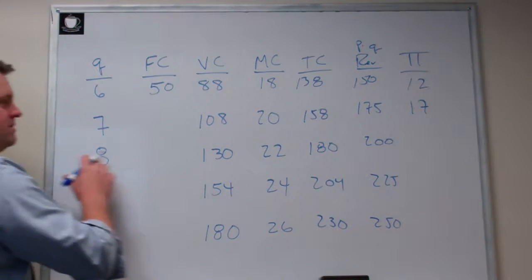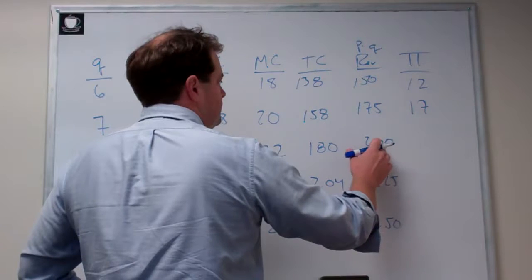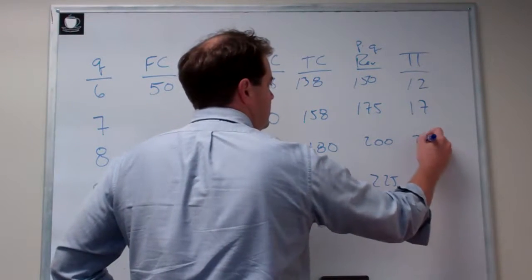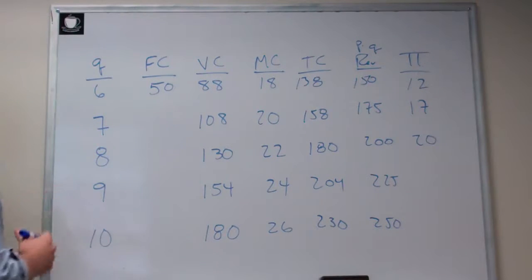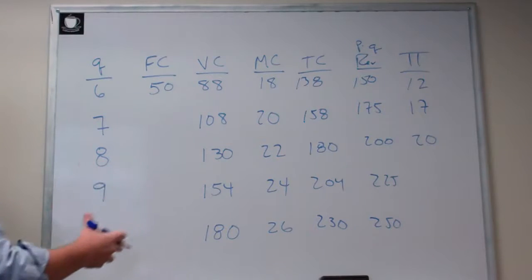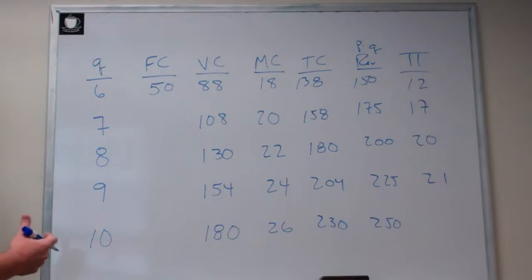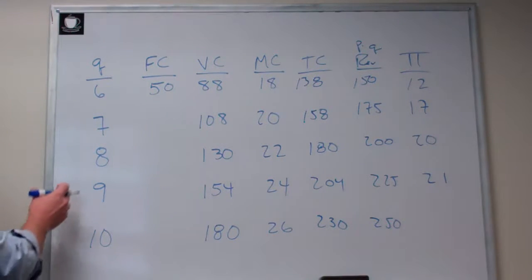Now let's look at 8. 200 is revenue, total cost is 180, so profit is 20. 20 is better than 17, so we'd expect them to produce 8 goods, not 7. If we do the same thing with Q equals 9, profit goes up again, so we'd expect them to produce 9 goods, not 8.